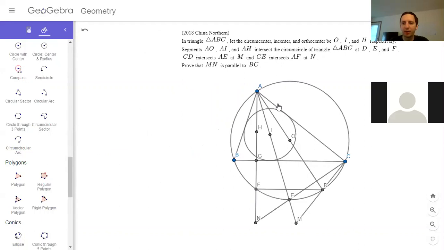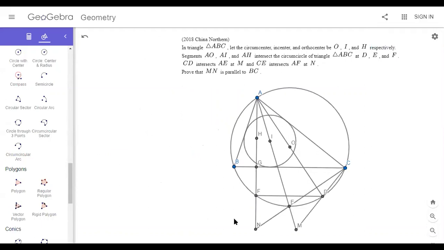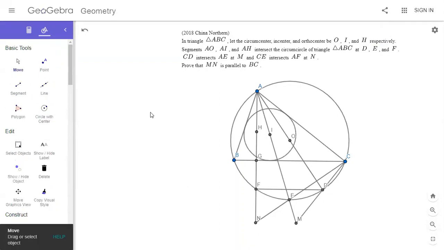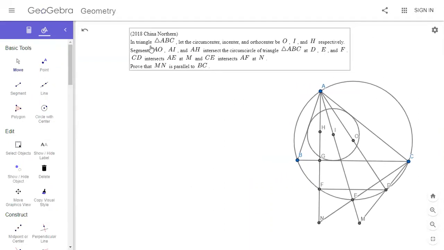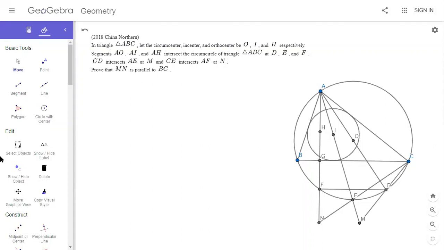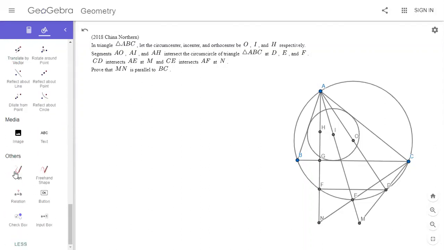All right, so I'm going to start writing up the solution. Just a second. All right. Okay, so basically angle FAE is equal to angle ECB. And so that means the quadrilateral ANMC is cyclic.